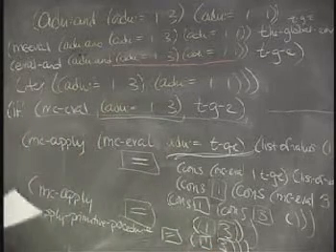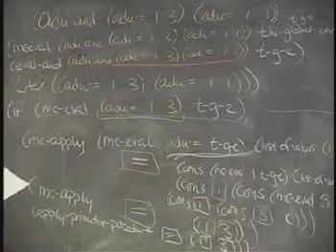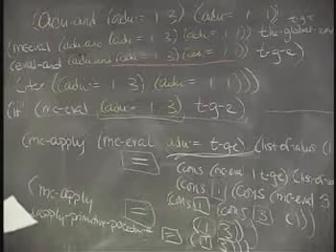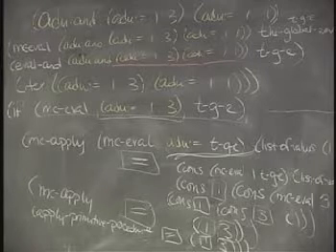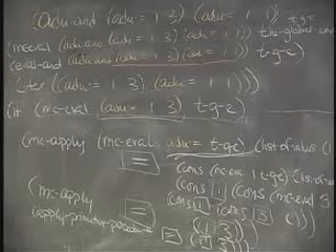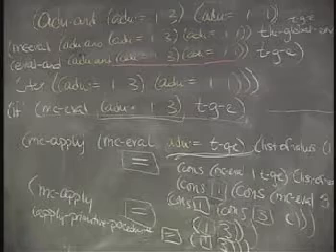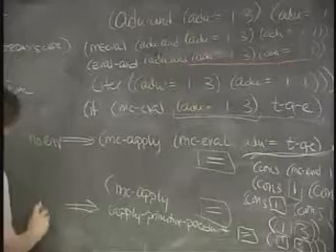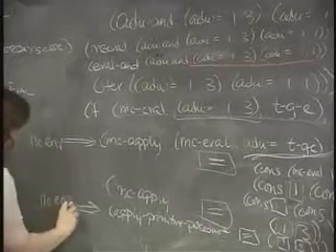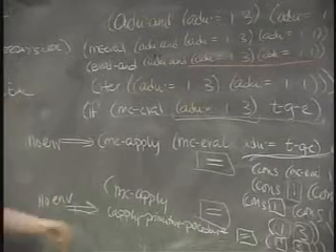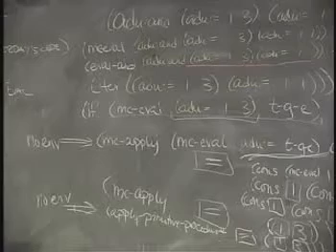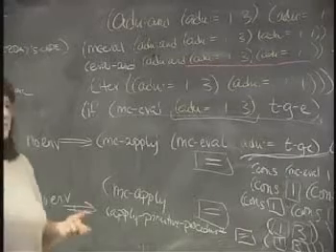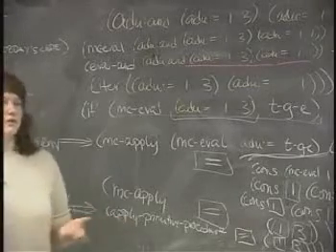Why am I not passing any environment? It's all been evaluated. I didn't pass an environment here, and no environment here, because when we get to apply, we've already evaluated everything. Remember the rule for evaluating an expression?